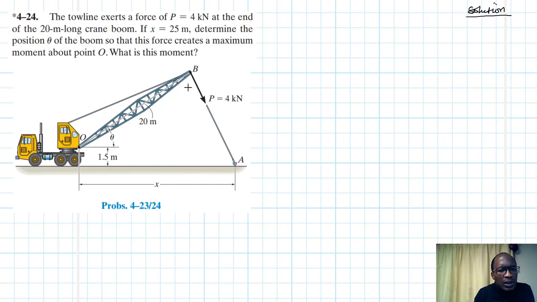So first things first, let's assign some details. Let's call this angle here phi, and then from A to O, let's call this angle here alpha, and so is this one alpha, and then let's call this one beta.